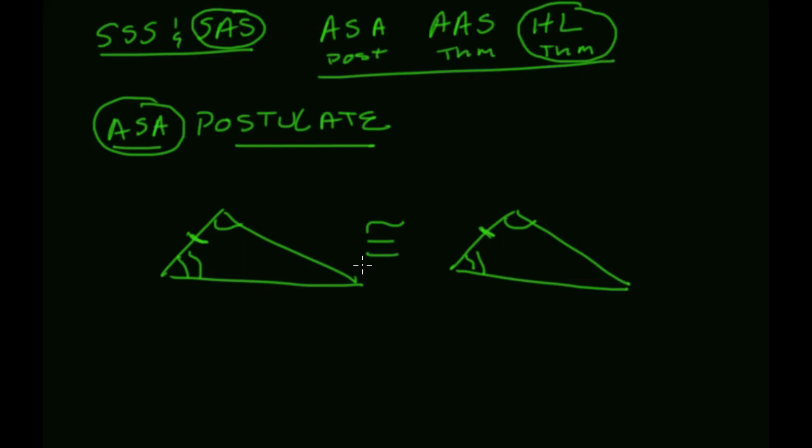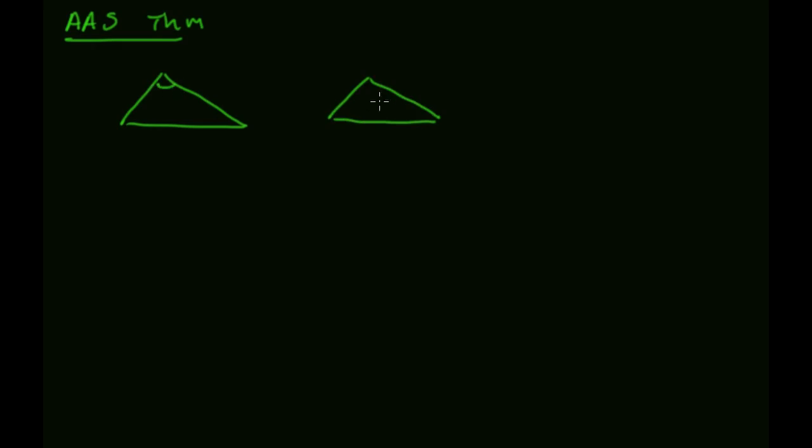And in fact, it does, and that's what we call AAS. And we're going to prove that theorem in a moment here. So the AAS theorem at its base level says that if I have two triangles and I have two angles congruent and the non-included side congruent, then I can conclude that the triangles themselves are congruent.